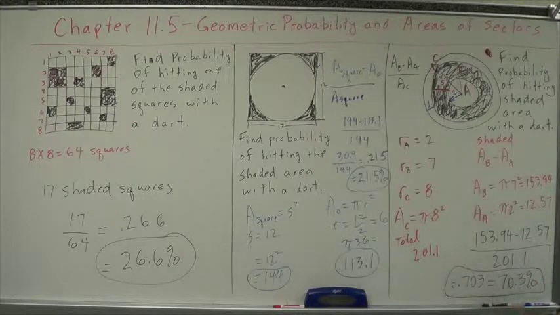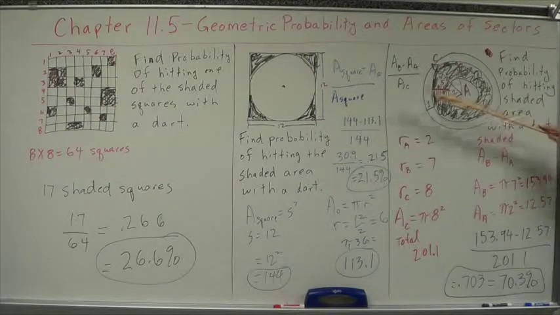Okay? Need to look at that. Let's review it one more time. We have 3 circles. What is the probability of us hitting between the inside circle and the outside circle, getting that shaded part? We've got to know the radius of all those circles, and then find the area of all of them.